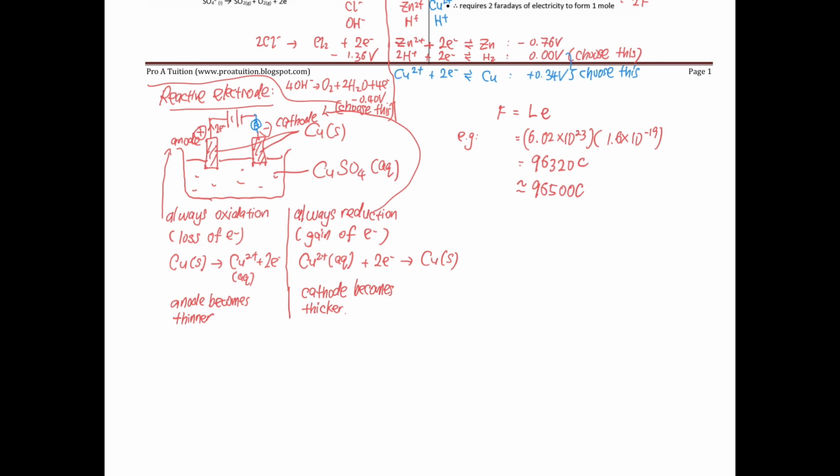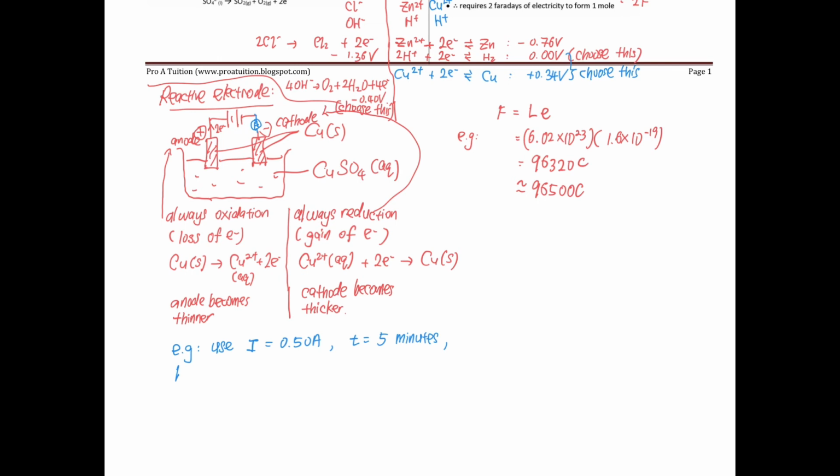So let's say, for example, I use current equal to 0.50 ampere. And the time span is, let's say, 5 minutes. So I wait for 5 minutes for the electrolysis.